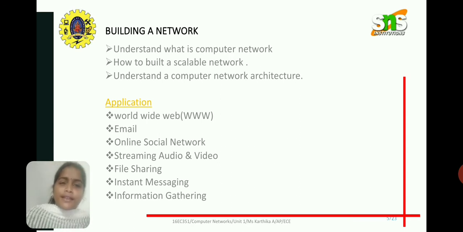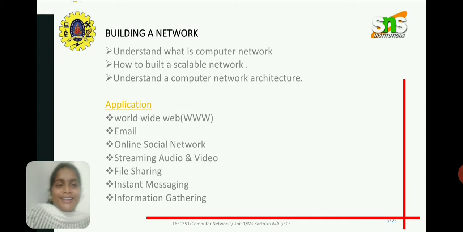First, some applications of computer networks. The first application is the WWW, the World Wide Web, where we browse information. The second is email, online social networks, streaming audio and video, file sharing, instant messaging, and information gathering.